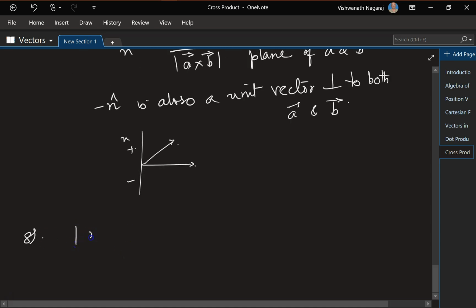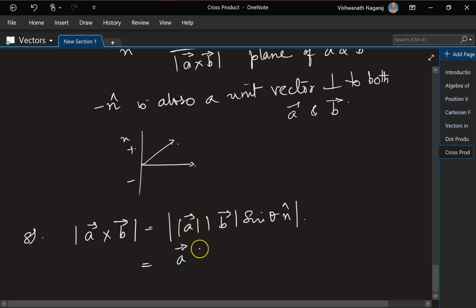Okay. Now, magnitude of A cross B would be what? Would be the magnitude of A, magnitude of B, sine theta n cap. Now, magnitude of A is magnitude of A, so no issues. Similarly, this also is magnitude. Sine theta is a number, so it is only magnitude.